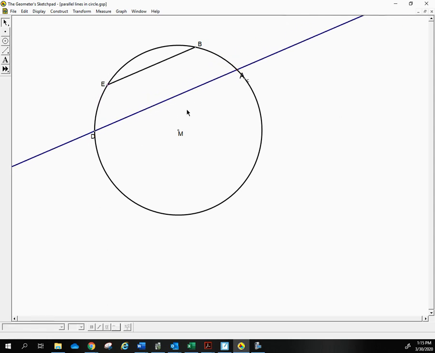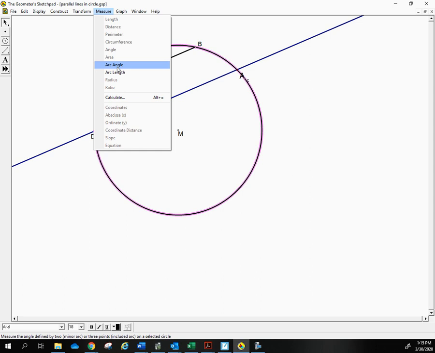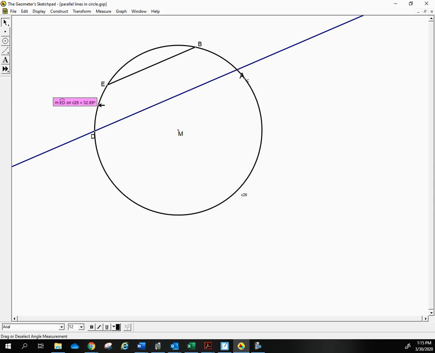Now, maybe this is obvious, maybe it's not, but if I was to measure this arc ED, I need to measure its arc right here, which is 32 degrees. If I measure arc EB's arc, you can see it's 69.48. If I measure arc BA's arc, it's 39.89.